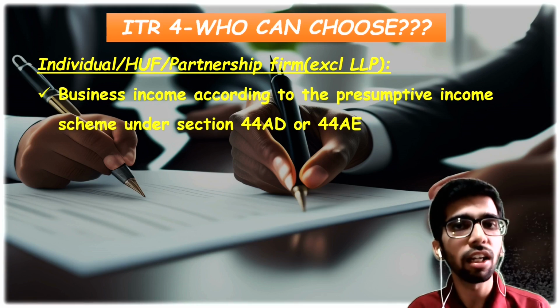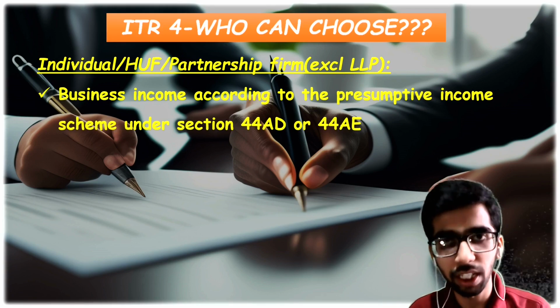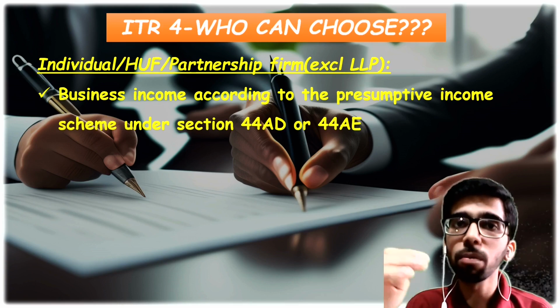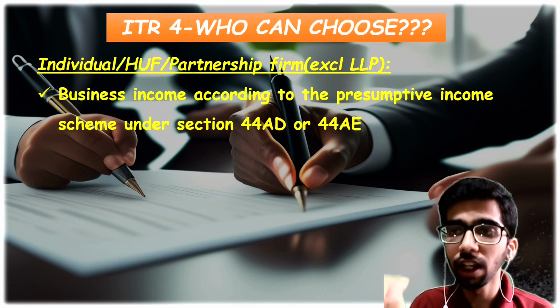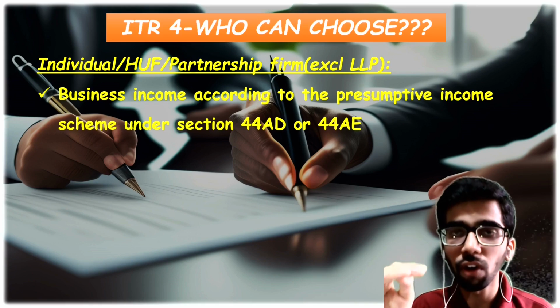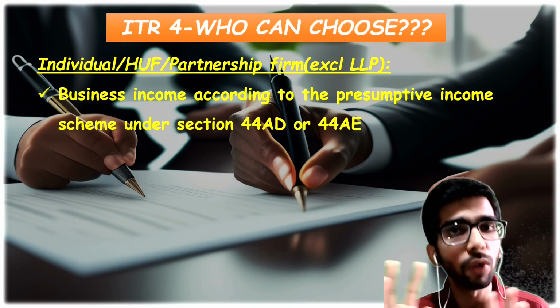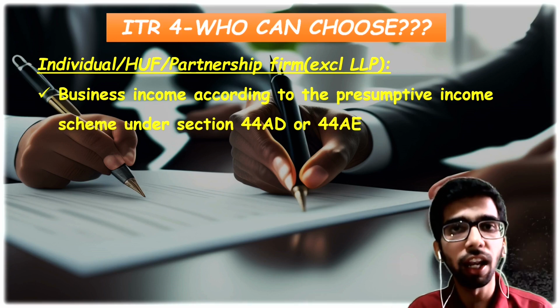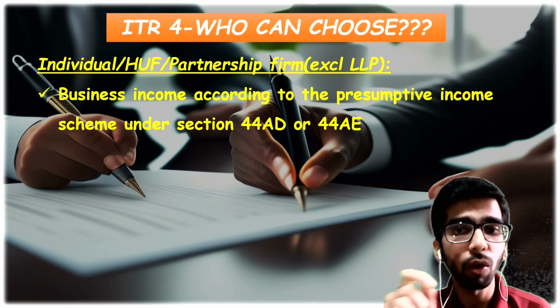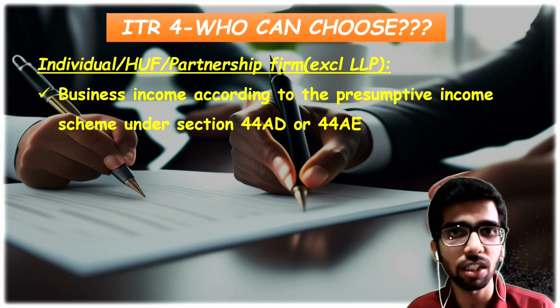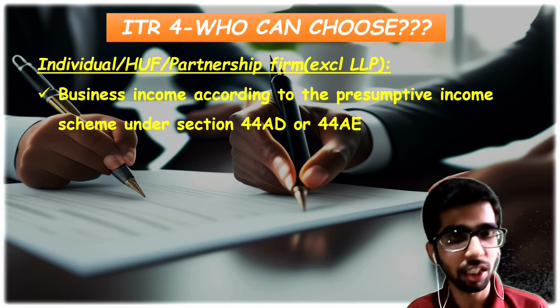In brief, I will tell about 44AD and 44AE. 44AD is applicable to business holders having a turnover of up to rupees 2 crore. In the financial year 22-23, they have the option to disclose income at a specific percentage, that is 8% or 6%, as the case may be.